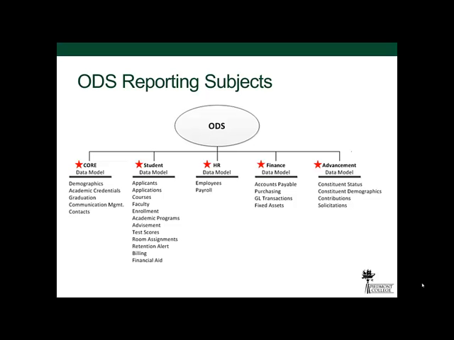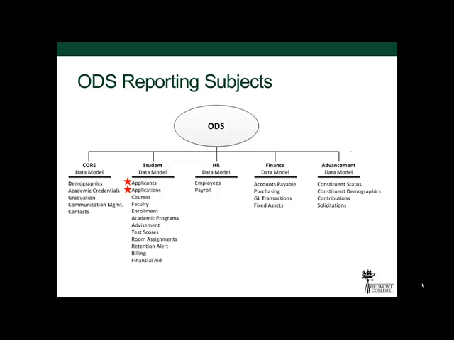On this diagram, we see the 5 data models that make up the ODS. Each data model is composed of a number of subject areas that are related to the model. As you can see, the student data model has subject areas that are named applicants, applications, courses, faculty, enrollment, and so forth. All these subject areas are related in some way to students.